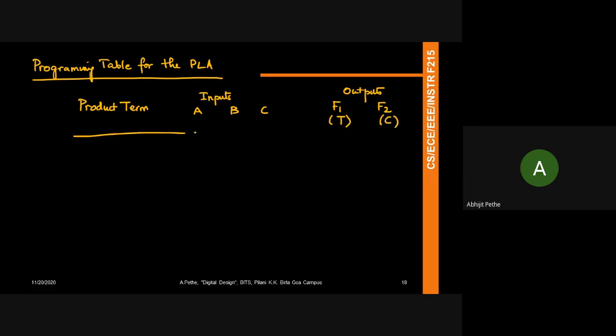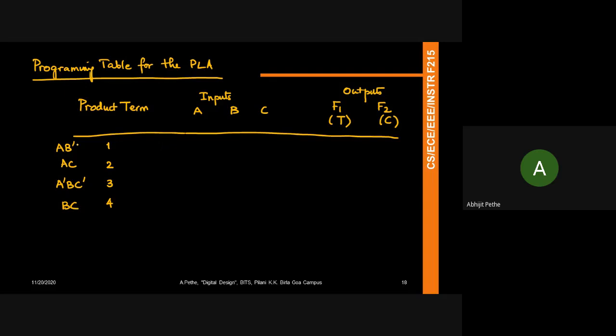So now let's look at, remember you have 4 product terms. The 4 product terms are AB prime, AC, A prime B C prime, and BC, right?